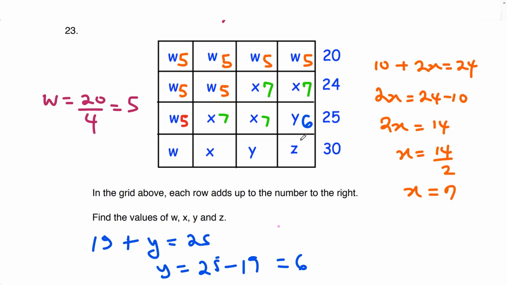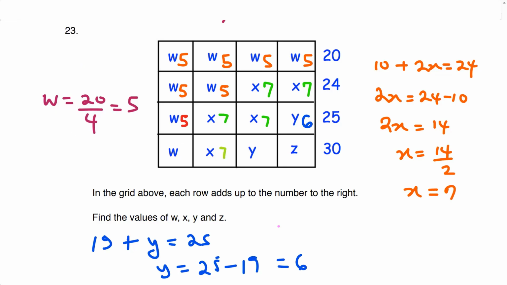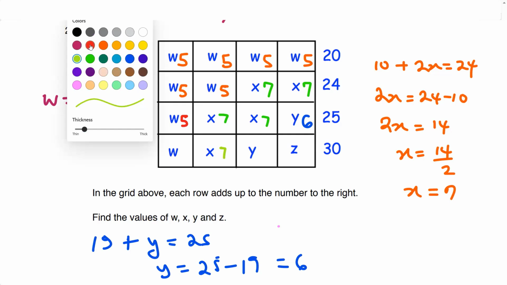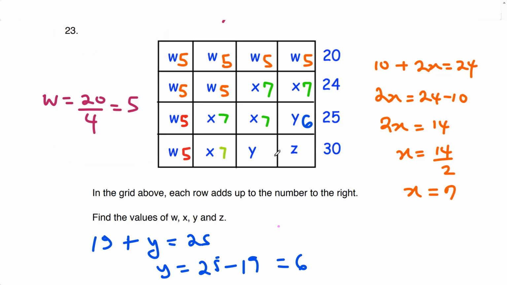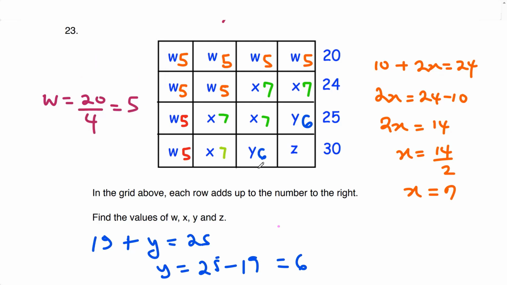So now we are making some headway here. We need to work out the value for z. So again, what we do is replace what we already know. Here is 7, and of course, we know w is 5, and we know y to also be 6. So with this, we can easily work out the value for z.